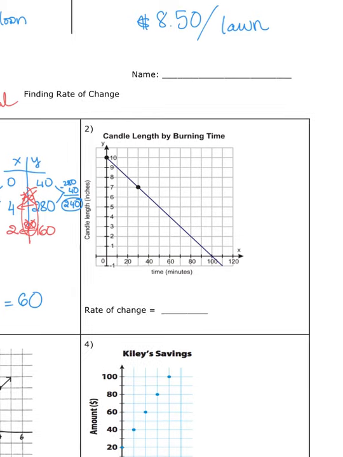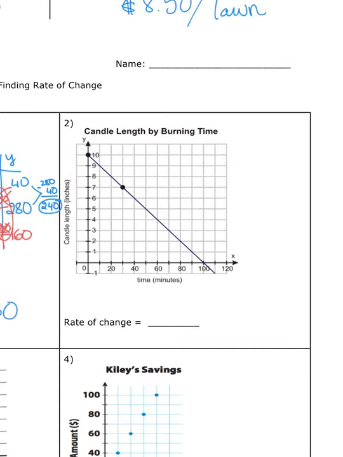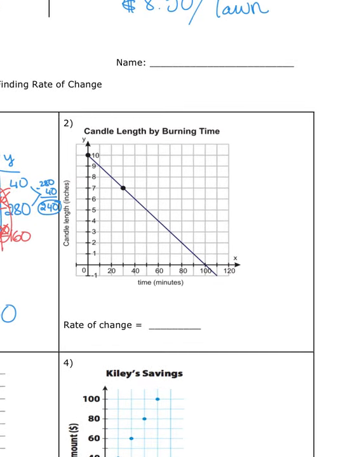Number 2. Okay, is this graph proportional or non-proportional? Does this graph cut the origin? It does not cut the origin, right? So this is non-proportional. When it is non-proportional, you have to find the rate of change using m.